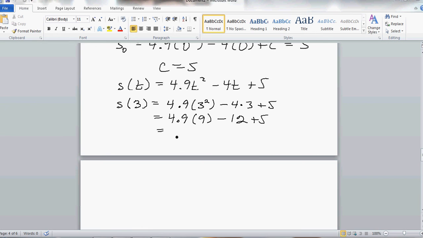And 4.9 times 9, let me see if I can do this in my head real quick. 44.1 minus 12 plus 5, which equals 37.1. So that's what S of 3 is.